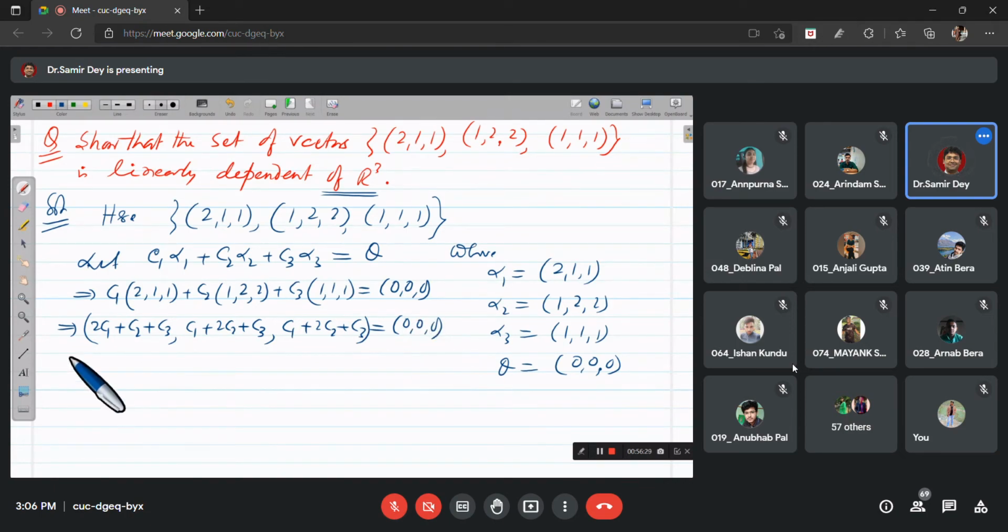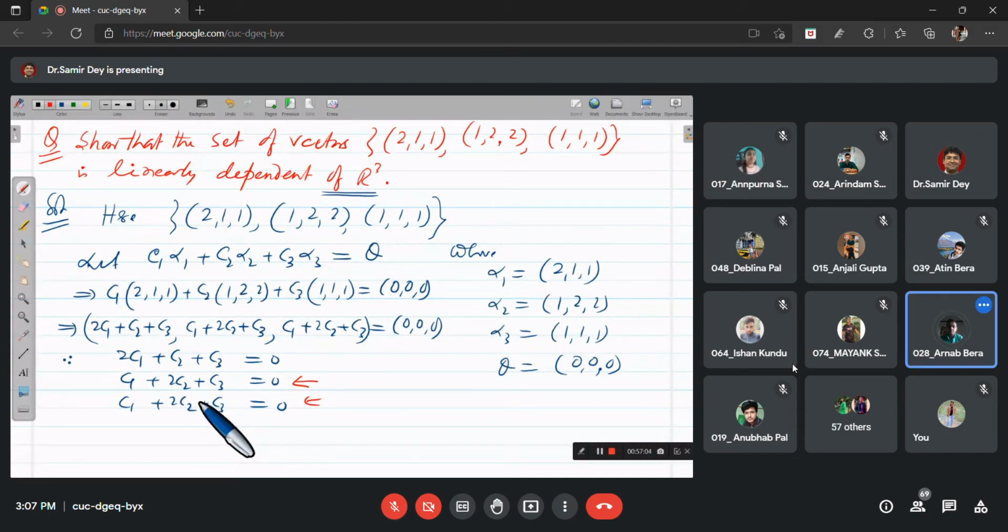So 2C1 plus C2 plus C3 is equal to 0. C1 plus 2C2 plus C3 is equal to 0. C1 plus 2C2 plus C3 is equal to 0. Correct? Is it clear or not? You can see from here basically the two equations are the same, isn't it?